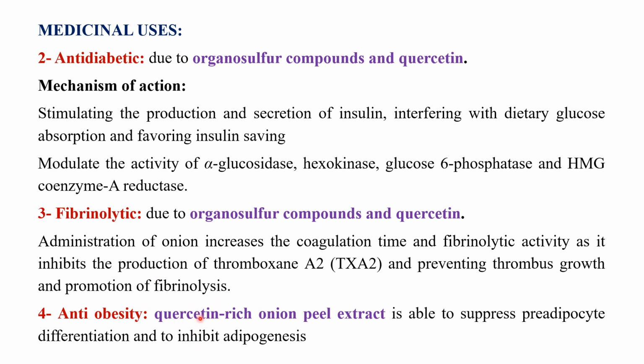Quercetin has a very important role in the treatment of obesity. It is able to suppress pre-adipocyte differentiation and also inhibit adipogenesis. So it could prove a good supplement for obese patients.